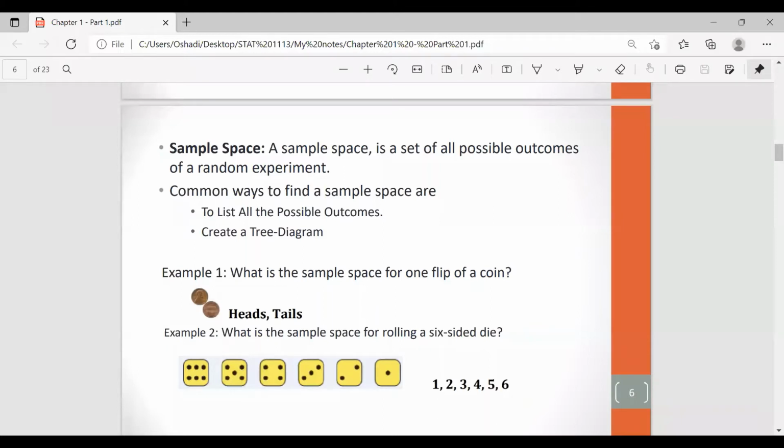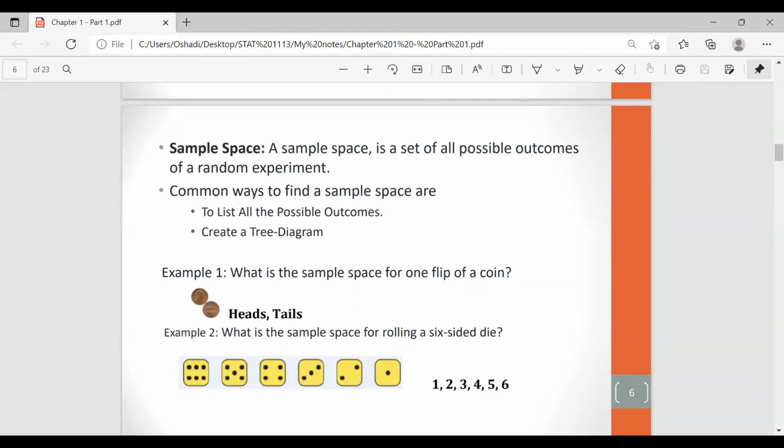Now the sample space gives you the set of all possible outcomes of a random experiment. For example, when we flip a coin, the outcomes would be head and tail. So all the outcomes, head and tail, form the sample space of that random experiment.